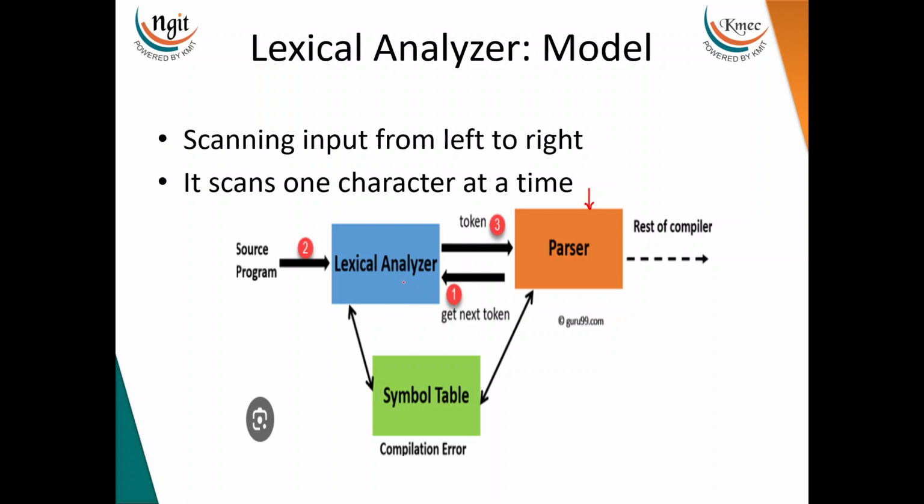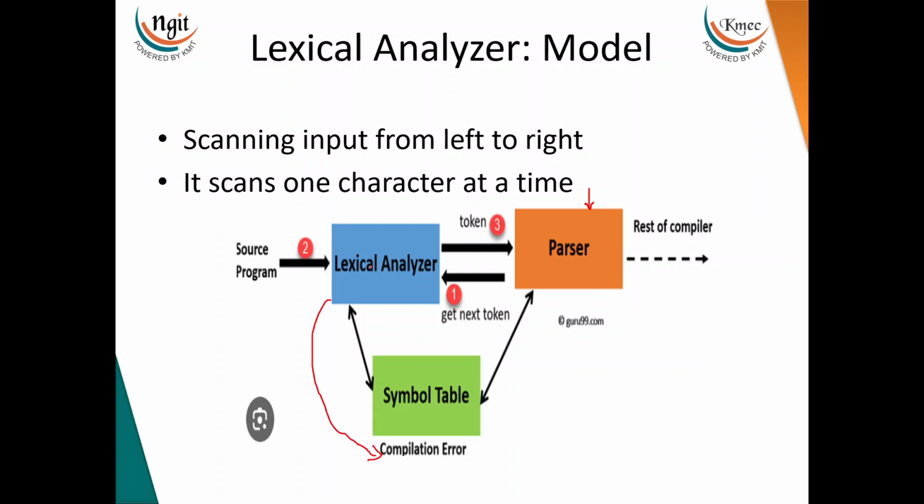Whenever the lexical analyzer phase is requested by the parser to generate the tokens, it will go to the source program and read the characters one by one. After that, it is going to generate the tokens. Whenever an identifier is detected, the lexical analyzer is going to update the information in the symbol table. Whenever an error occurs, that will be reported to the error handler.